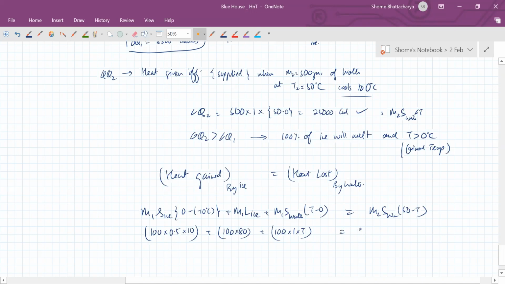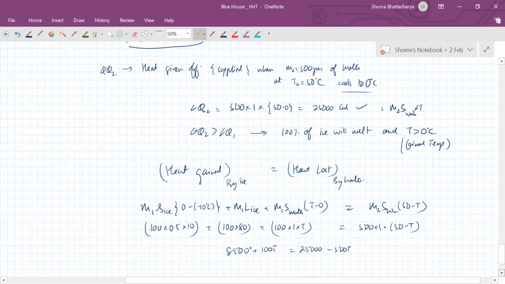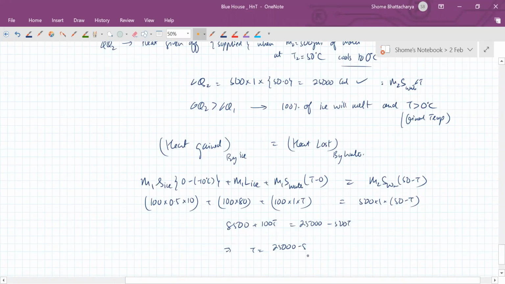So 8500 plus 100 T should be equal to, on the other side, 25,000 minus 500 T. So as you can see, the final temperature will become 25,000 minus 8,500 divided by 100 plus 500. So that is 250 minus 85 divided by 6.